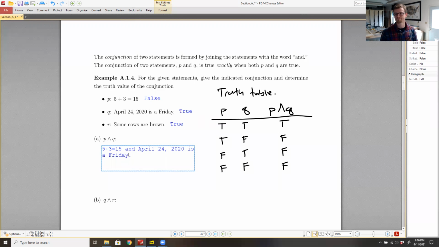Excellent. Not too difficult. Now the question is, is this true or false? Well, 5 plus 3 is equal to 15. That's false. So overall, the conjunction will be false. Since in this case P is false, the conjunction is false.